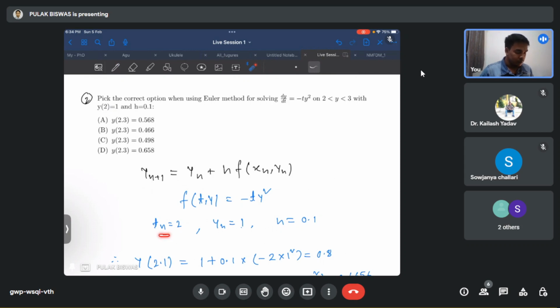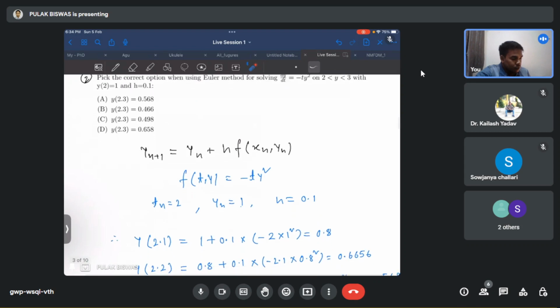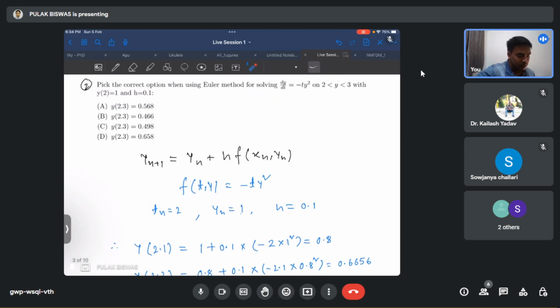So tn will be 2, yn is equal to 1 given, and the increment is 0.1. We have to calculate y's value at the next point after 2, the starting of the interval. If you see, this is actually given for 2.3, so we have to move up to 2.3.